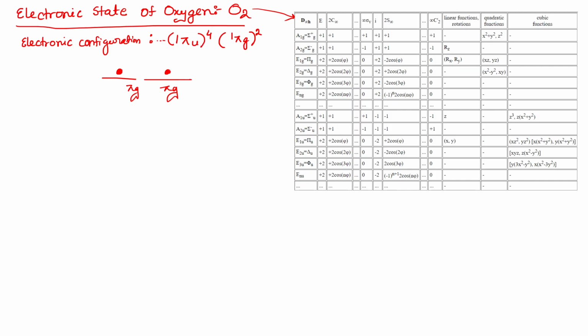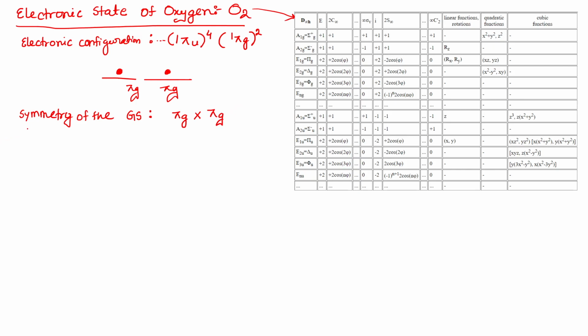So what will be the case here? We have to take a direct product for the state, right? So the symmetry of the electronic state. So this is the electronic configuration. Symmetry of the ground state, we are talking about the ground state right now, right? Is pi g into pi g, right?